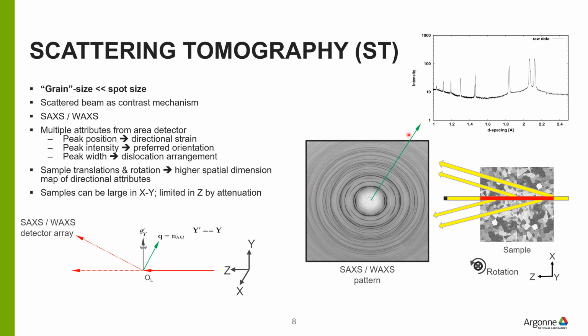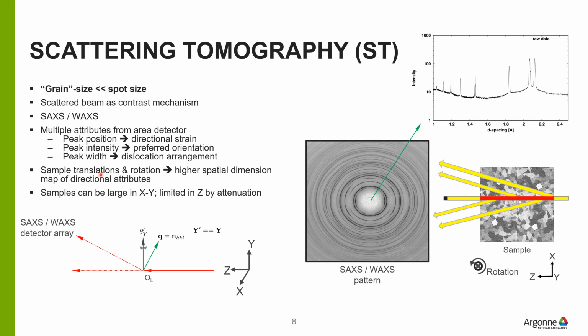Then, depending on which direction you're looking at, you can extract a lot of information from this 2D pattern. For example, if you're looking at peak position, you're looking at some directional strain. If you're looking at peak intensities, you can start to talk about preferred orientation of the crystal or organization. Or peak width, you can start to talk about dislocation arrangements and plasticity.